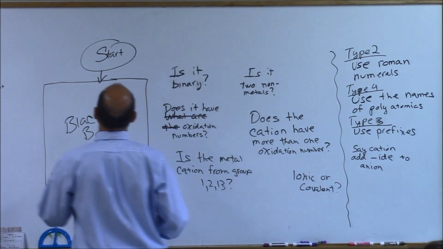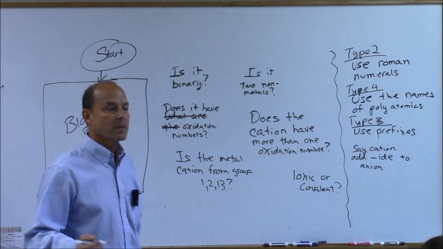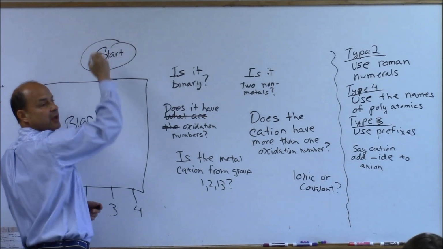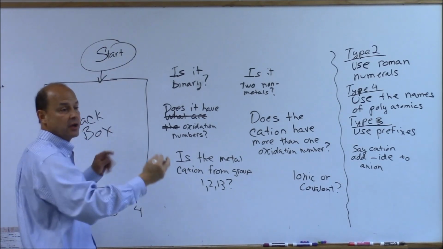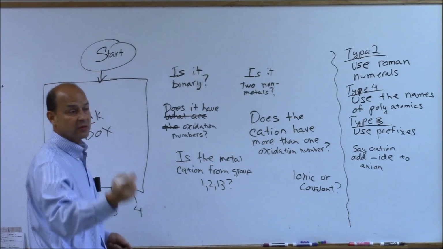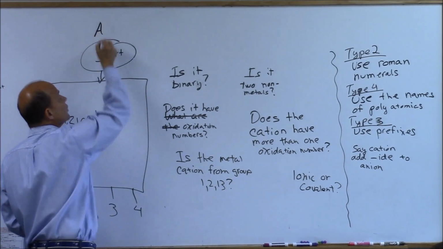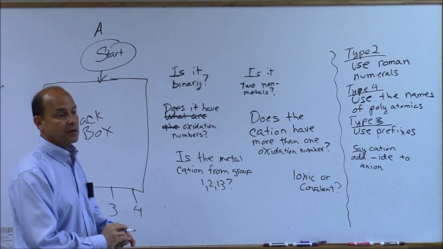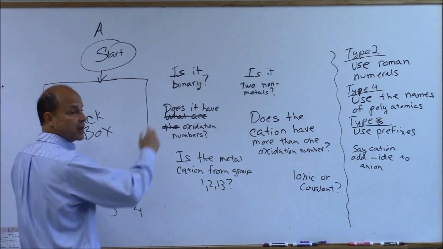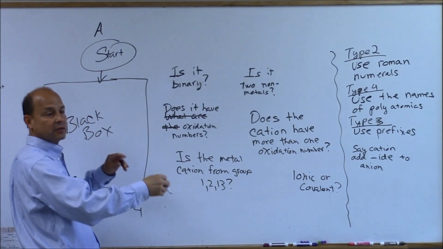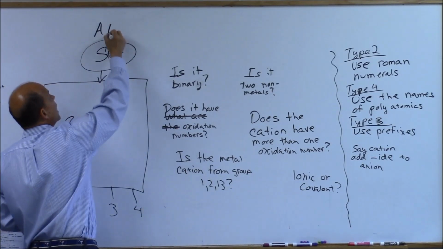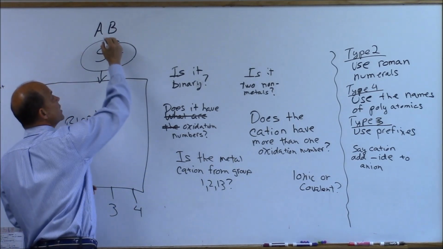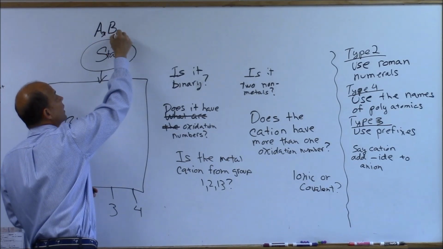So you're going to have, let's just say, you're going to start with some compound, and I'm going to represent the cation or the first element or group of elements, in case it's polyatomic, as an A. And then I'm going to represent the anion, which is the element that comes next if it's binary, or the group of elements if it's polyatomic, as a B. And then there might be some subscripts, so AX and BY.